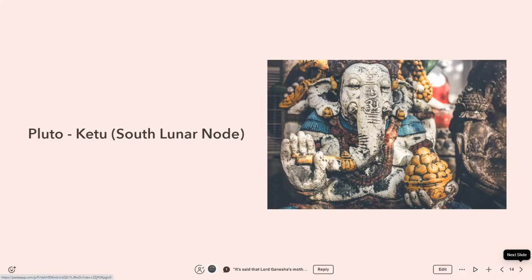So when you're mixing Pluto in Aquarius, which is all about the future, we have to be mindful of this all of the time. And we don't want to lose our heads, put it that way, just like Ganesh, the Lord here that's associated with Ketu, the Lord of Vedic astrology, lost his head.